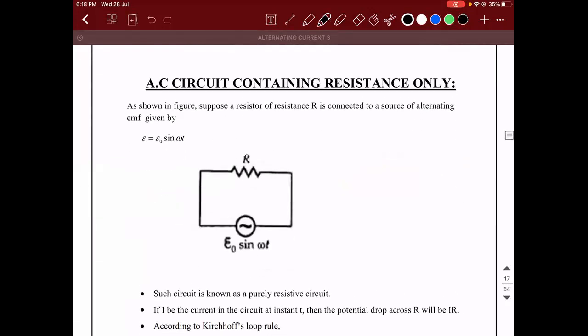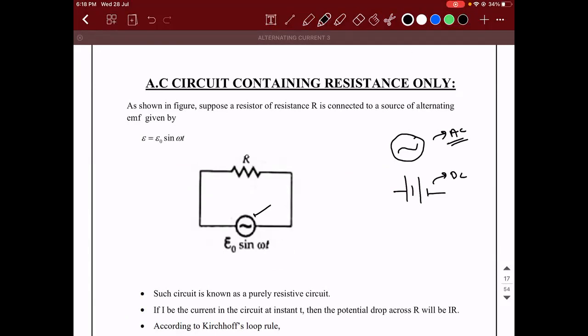The first thing is, what will happen when you connect the AC source across a resistor? You know how an AC source is represented, a circle with a wave like this. If they give you something like this, it is DC; if they give something like this, it is an AC source. So, AC circuit containing resistance only.